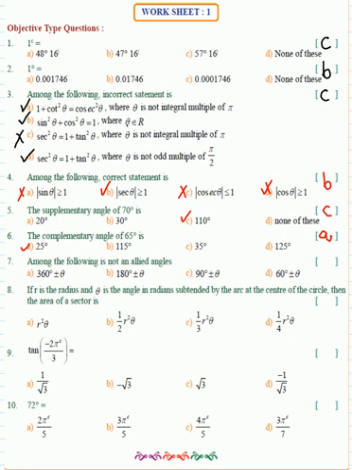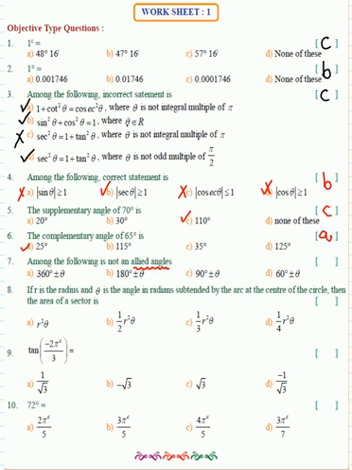Now allied angles. Allied angles means their sum or difference must be 90 degrees, 180 degrees, 360 degrees, or any integral multiple of 90 degrees.